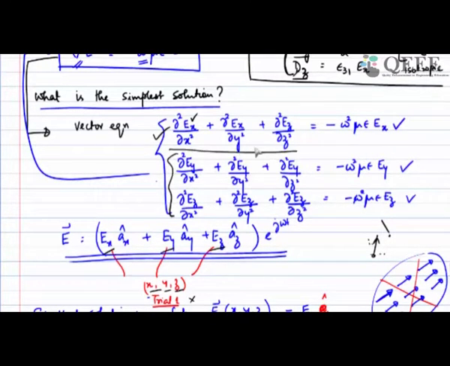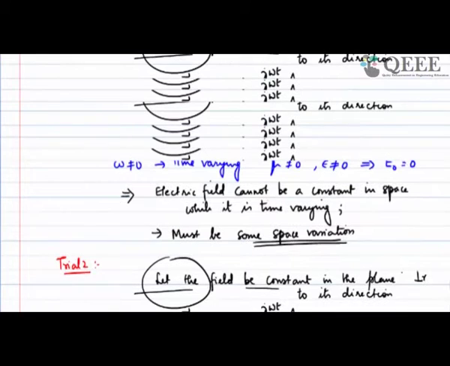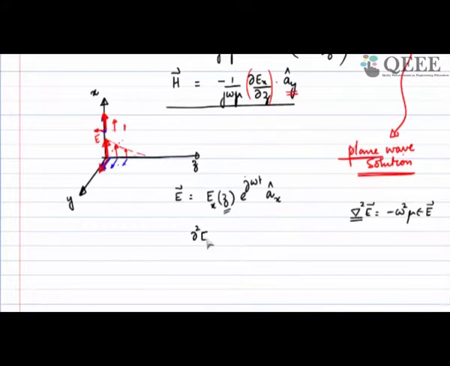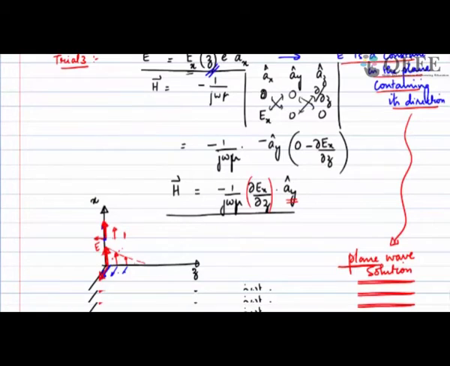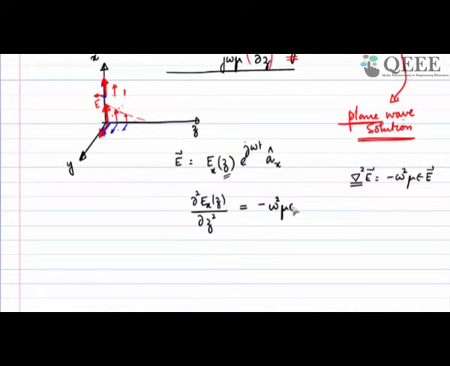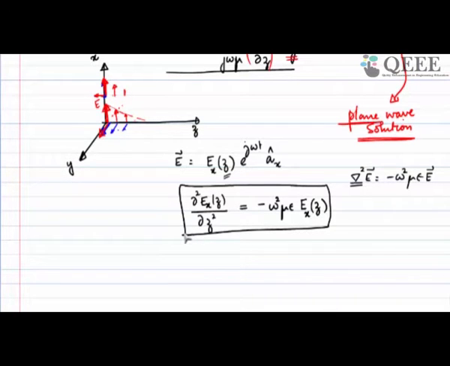And even in these 3 terms, my variation is not along x and y, so I have only this term surviving. So I have my wave equation as del square Ex(z) by del z square is equal to, the right hand side of the equation was minus omega square mu epsilon Ex, which is a function of z. This is the wave equation that I need to solve, which satisfies the simplest trial solution.